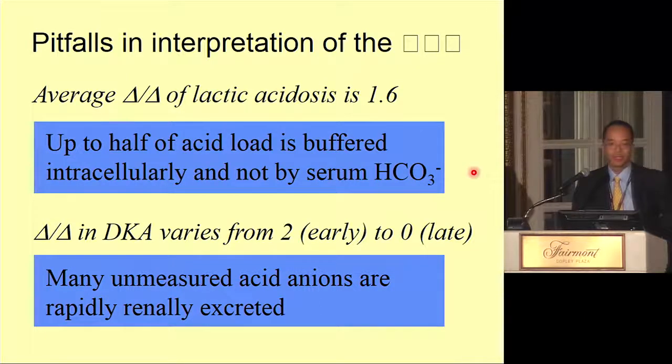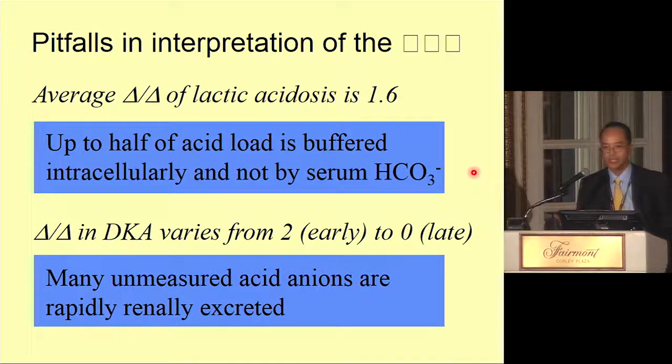Why is this? Because the delta-delta assumes that all of the acid is buffered by bicarb in the blood, but it really isn't. A lot of the acid actually enters the cells and is buffered inside the cell. In fact, the more severe the acidosis, the more of that acid has to be buffered intracellularly.